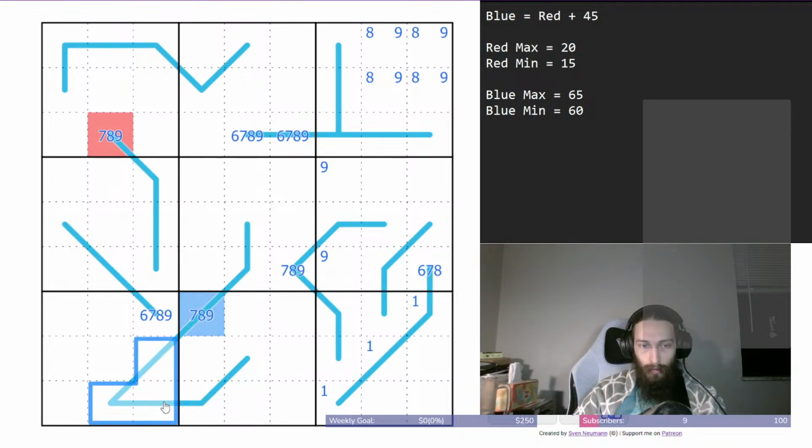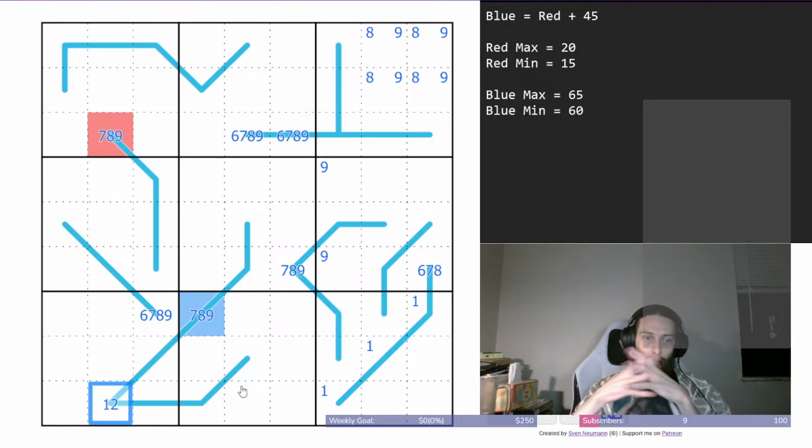So if these are 16 together, they're 7, 9. Or it's 8, 9, for 17, which makes this a 1 or a 2.